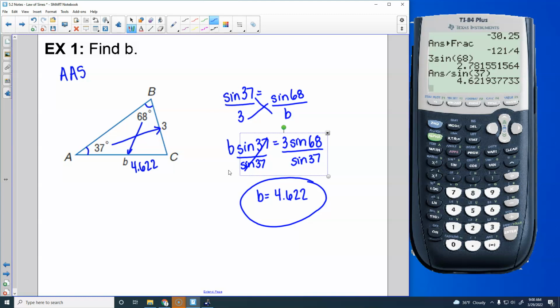Sometimes some problems may require you to use it, like ACT problems. Those first ones we were doing yesterday with the if sine is this, find cosine, you would not be able to use law of sines for. But you can use this for right triangles as well, if you so choose.